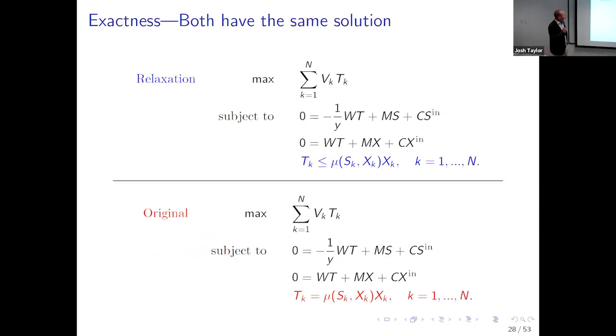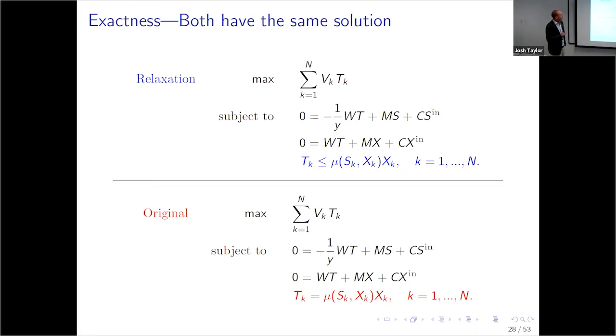So one of the main ways we can talk about how accurate a convex relaxation is, is something called exactness. And so basically consider these two optimizations. Here's our relaxation with the inequality. Here's the original problem we care about with the equality. We say that the relaxation is exact if at the optimal solution, this is satisfied with equality.